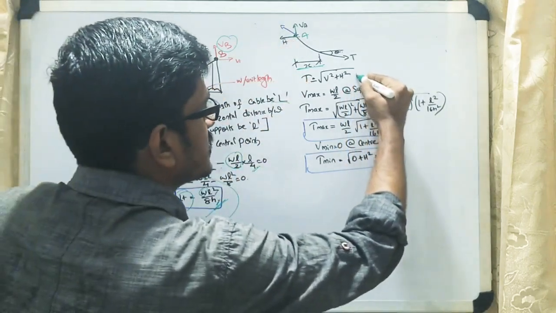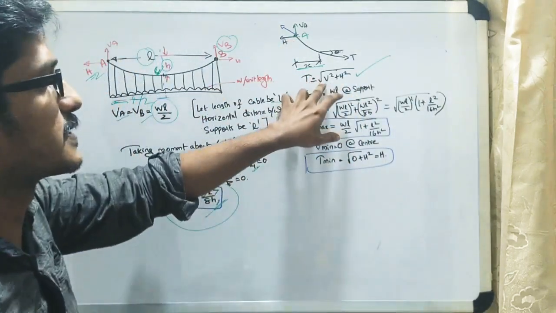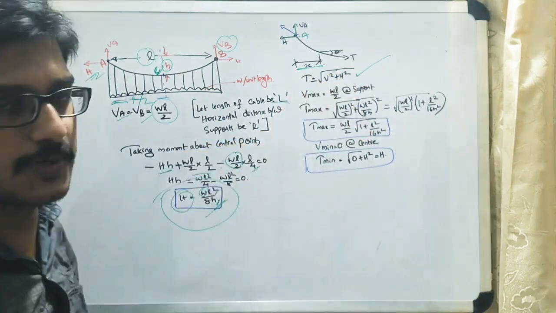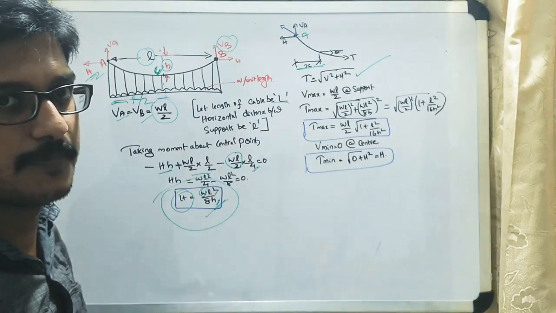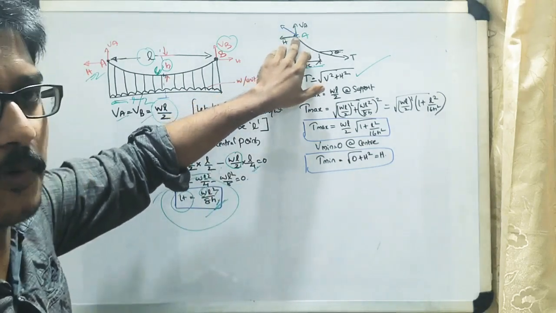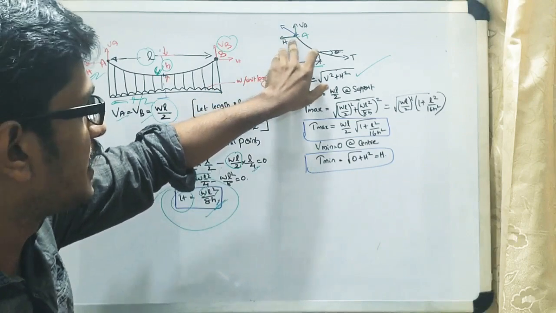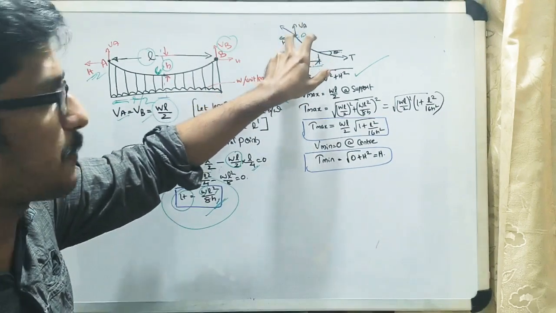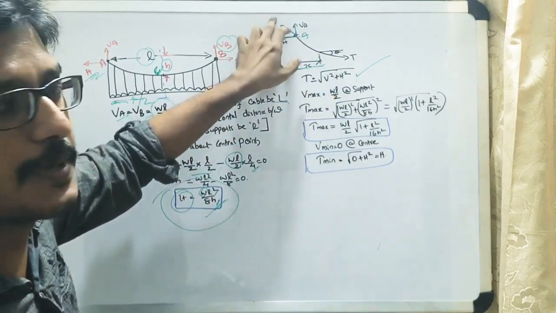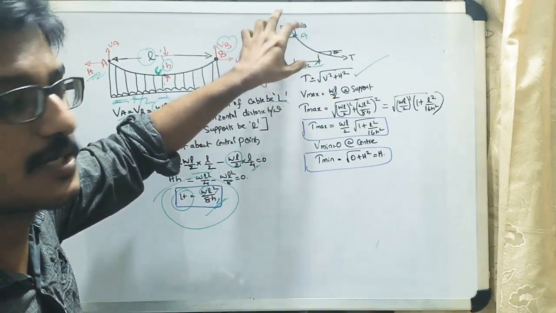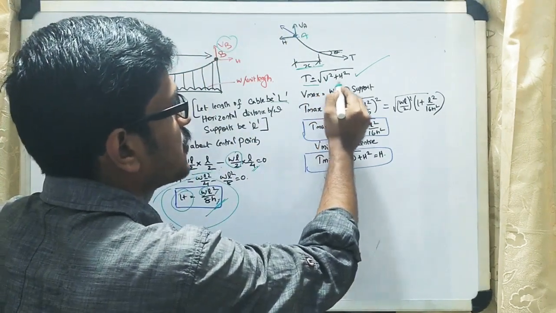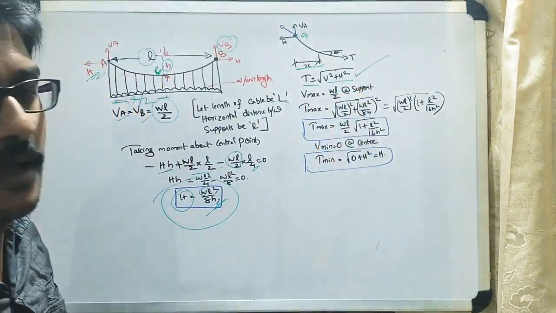So we can write T equals the square root of V square plus H square.